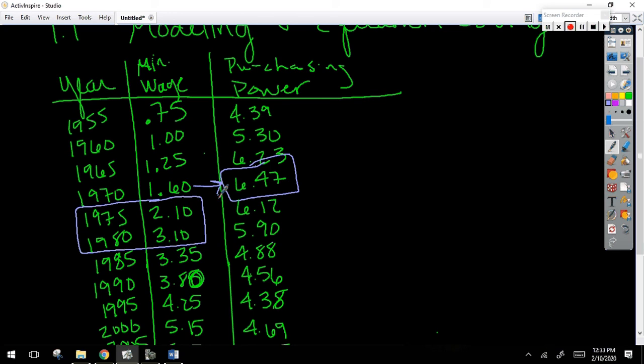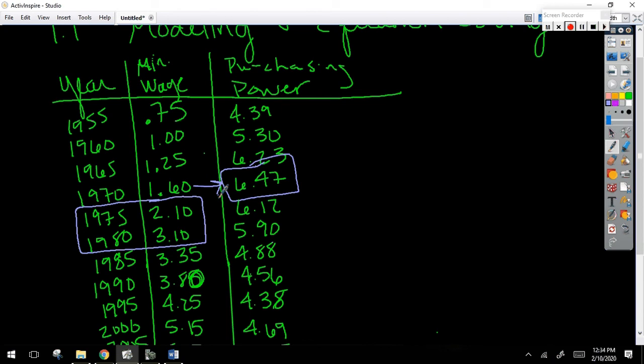How about this? A worker on minimum wage in 1980 was earning nearly twice as much as a worker on minimum wage in 1970, and yet there was great pressure to raise the minimum wage again. Why? Look at 1970 versus 1980.